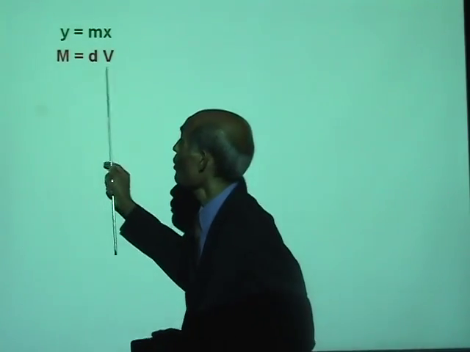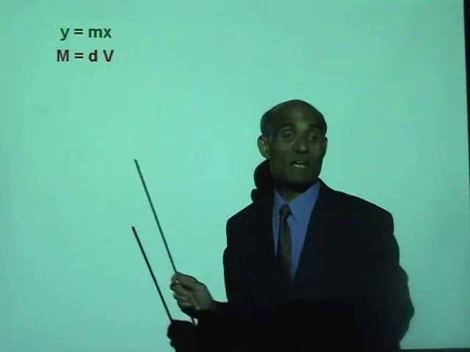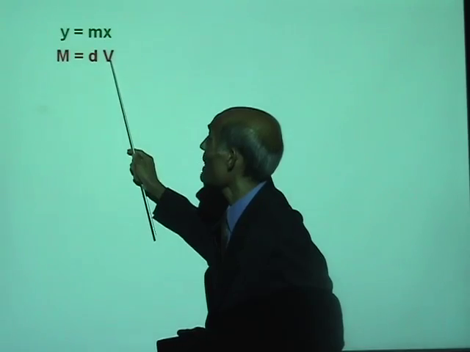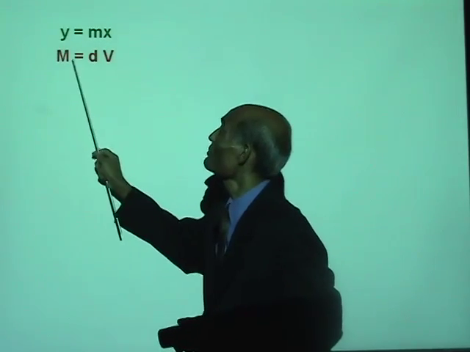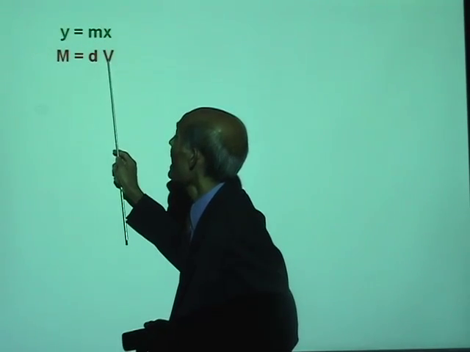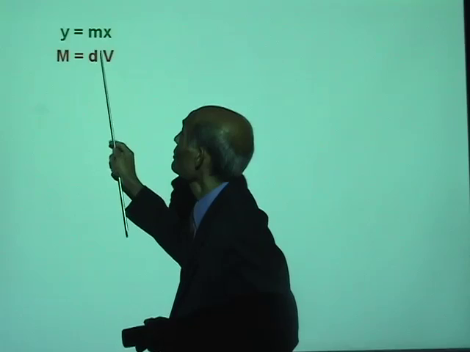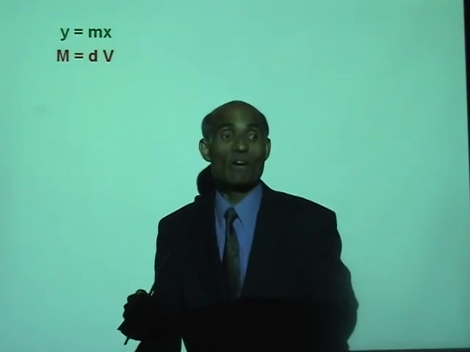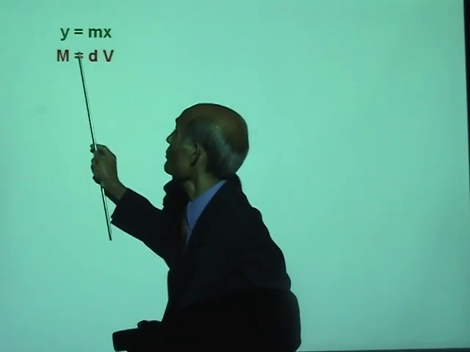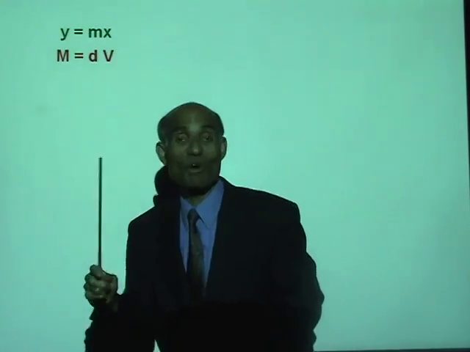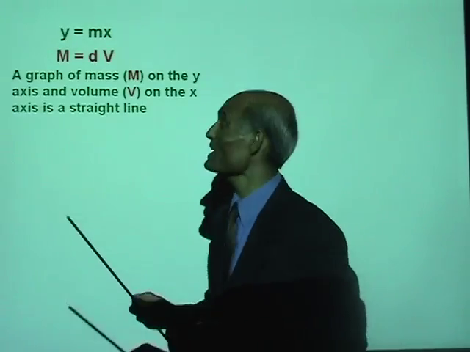Now, for density, we said mass equal to density multiplied by volume. Aren't these two equations very similar? If you replace your m by y and v by x, then d will be the slope. You see, y equal to mx and mass equal to density multiplied by volume are similar equations.